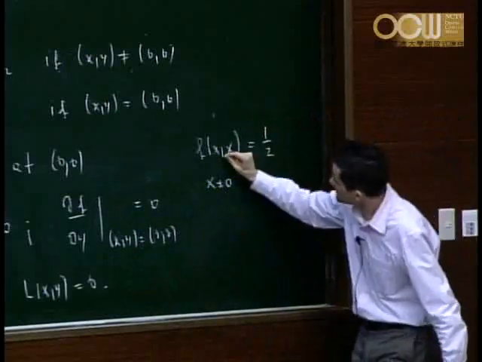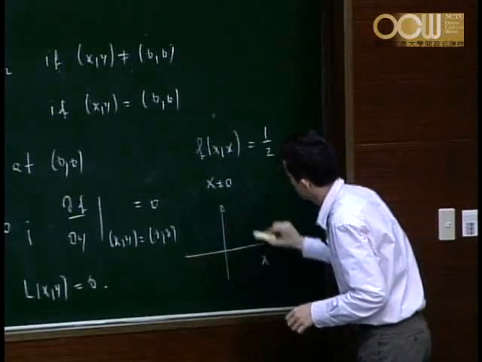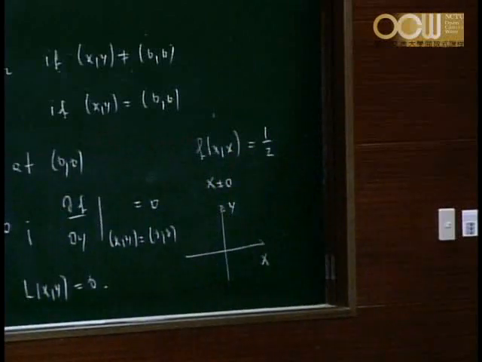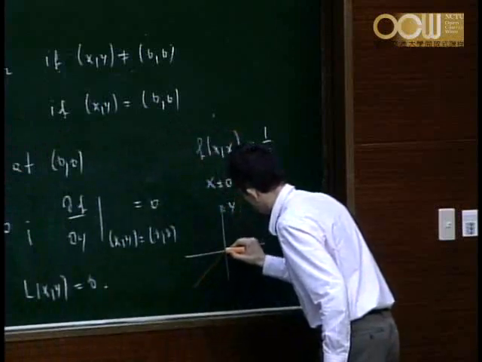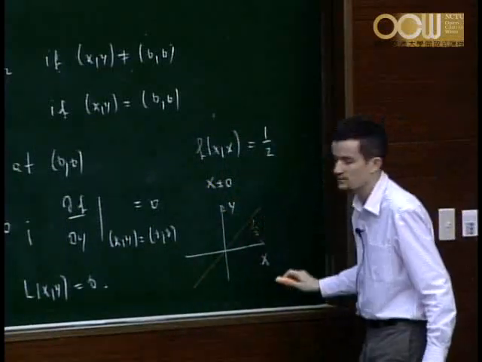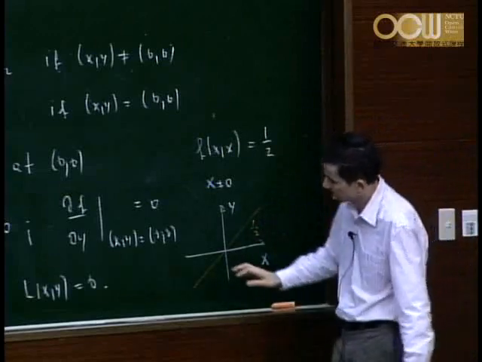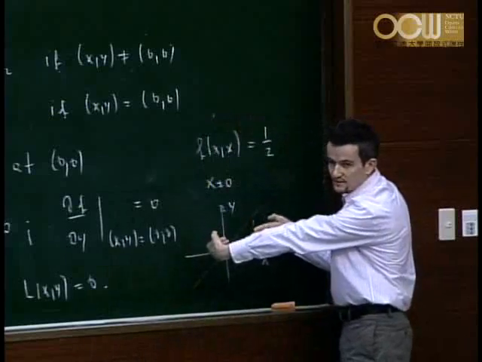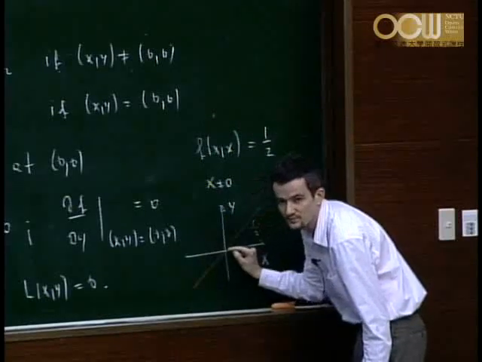So as x is moving close to 0, if I just plot the xy plane and approach (0, 0) along this line here, I'm always standing at 1/2. But the tangent plane at the point (0, 0) is exactly what you see here, the xy plane. So the xy plane is a good approximation only at the point 0, but if you leave (0, 0) a little bit, the approximation is not very good.